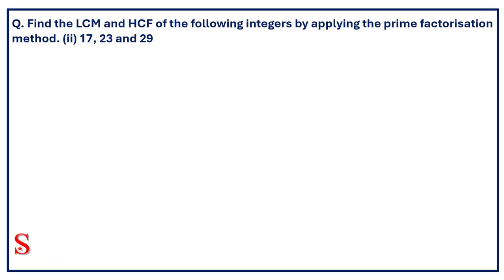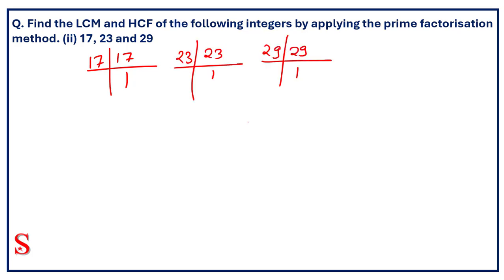Next question. Similarly, we have to find out the LCM and HCF of all these three numbers. Now there is one thing in common among all these three numbers. These three numbers are already prime numbers, and we have just studied in part 1 of this chapter that prime numbers are the numbers who have only 2 factors. So what would be the factors?